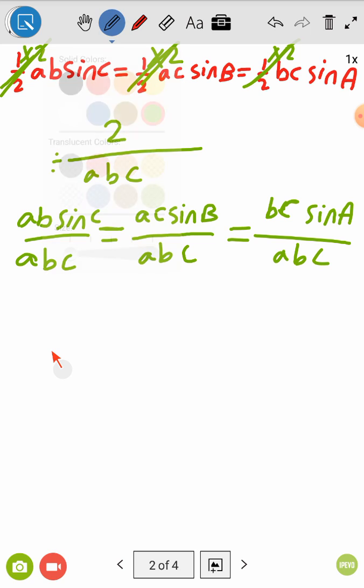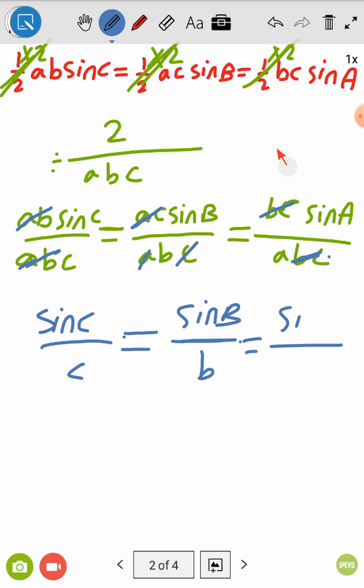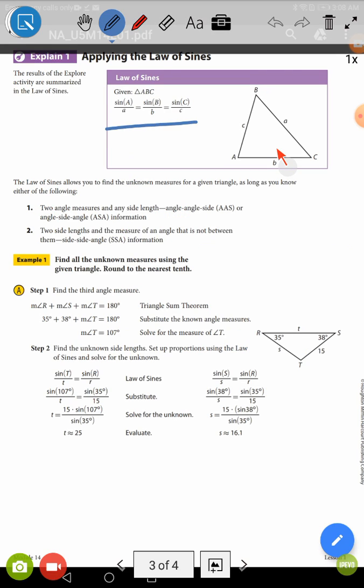Then we will cancel AB with AB, AC with AC, and BC with BC. So the first fraction would be sine C over C. Here sine C over C equals sine B over B equals sine A over A. And that is the sine law.